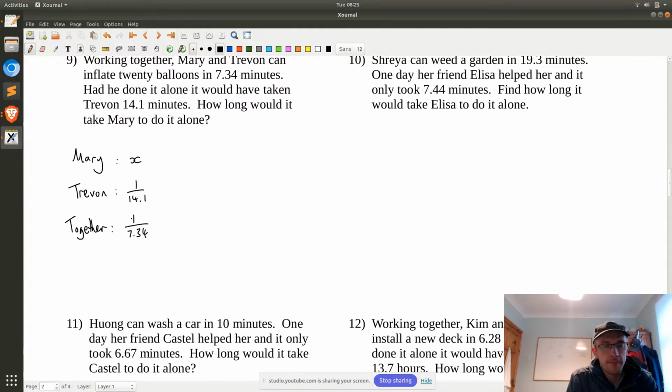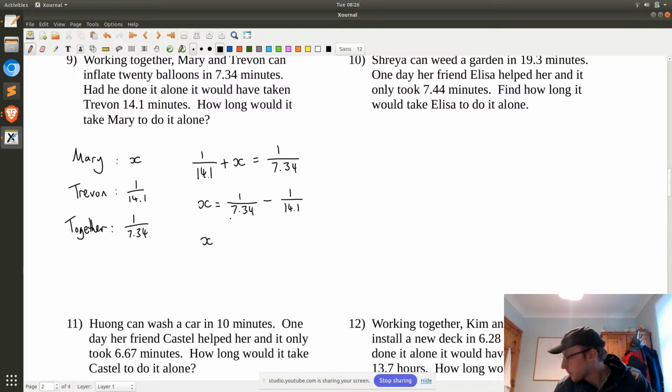So 1 over 14.1 plus x equals that. So x equals 1 over 7.34, take away 1 over 14.1. And we end up with some horrendous decimal, but that's totally fine.